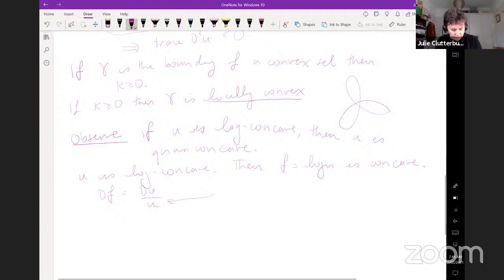And here we recall that u is positive on the interior.